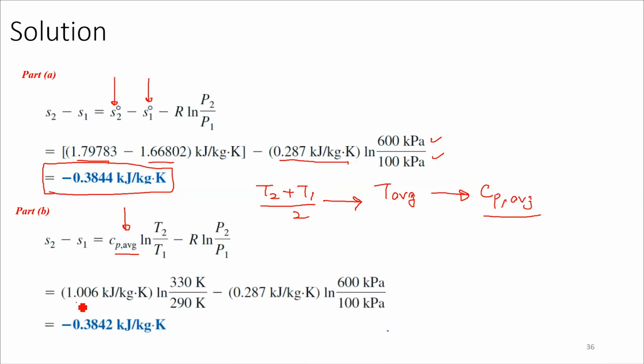Just plug in the approximate values. Temperatures are given to you, pressures are given to you. This would give you the approximate value, which is at least the same up to the second decimal, or the third decimal rather. Clear enough?